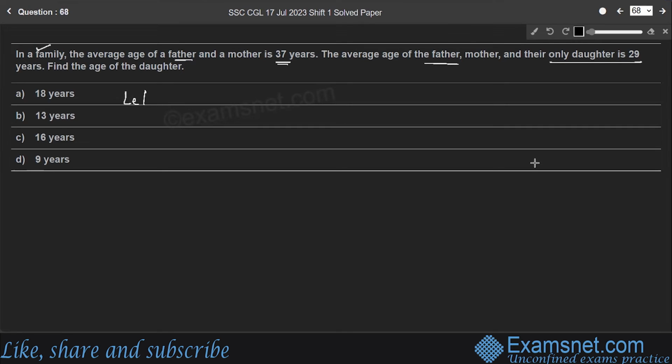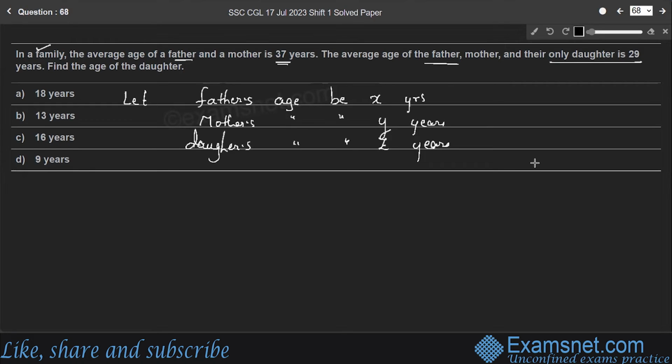So let the father's age be X years, the mother's age be Y years, and their only daughter's age be Z years, right? It is given that the average age of father and mother is 37 years.